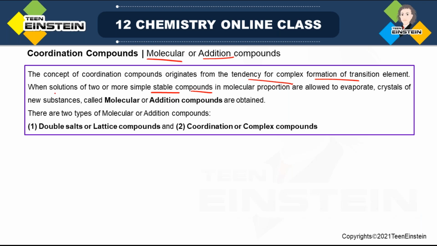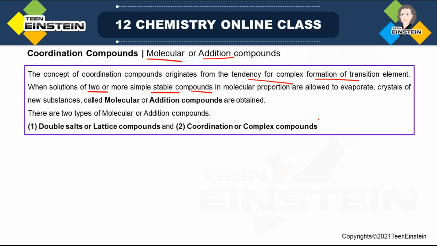We have taken solutions of two or more simple stable compounds in molecular proportion, and then we allow the mixture of solutions to evaporate. So crystals will be formed. Now when you get back the crystals, their chemical nature is completely changed. Now we are getting some new kind of compounds, and those are known as molecular or addition compounds.